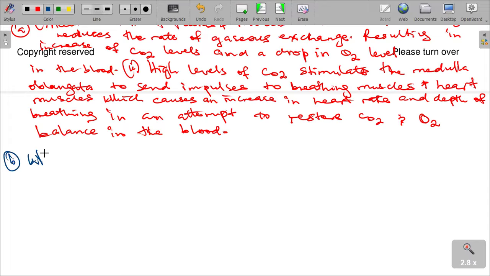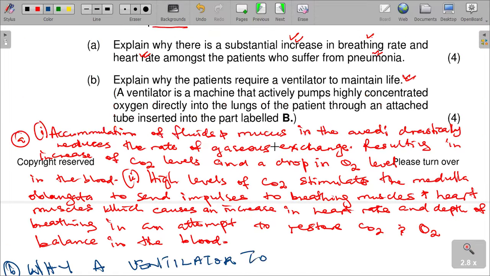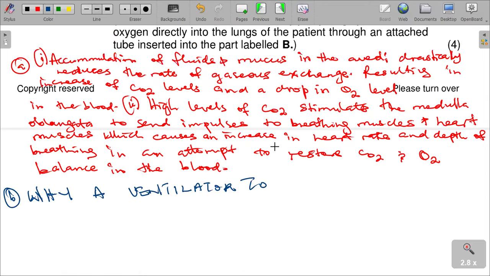Question B. Why a ventilator to maintain life?